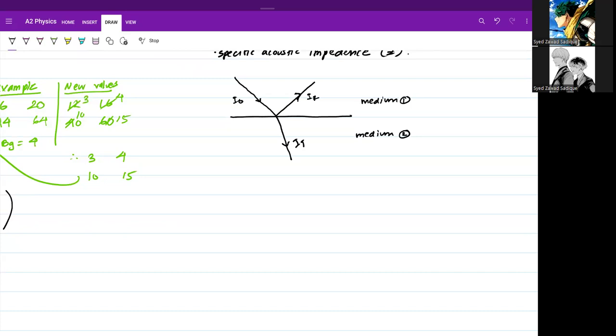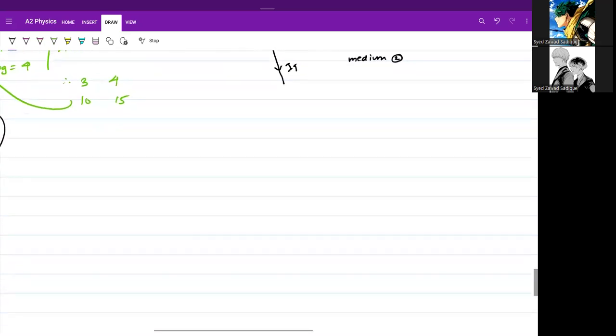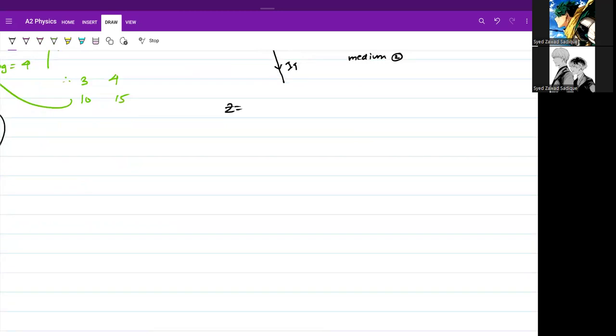Now, the formula for specific acoustic impedance is Z equals density multiplied by the speed of that medium.